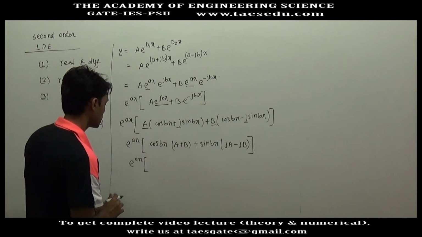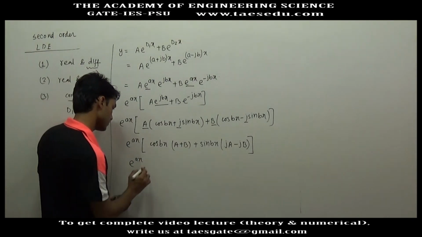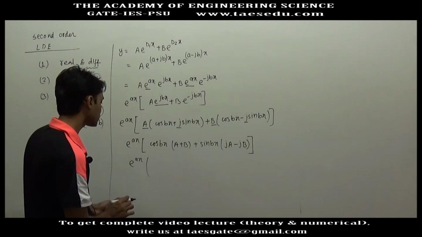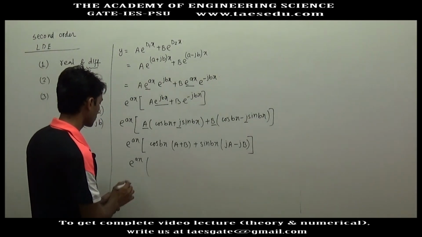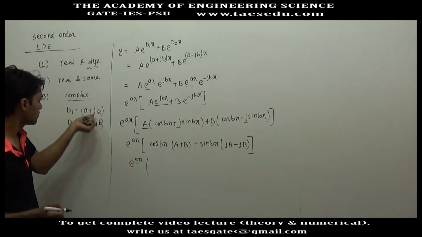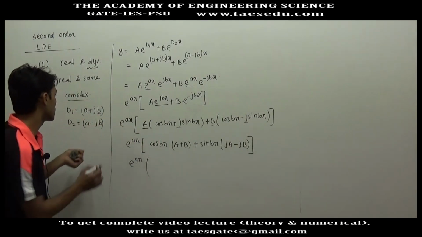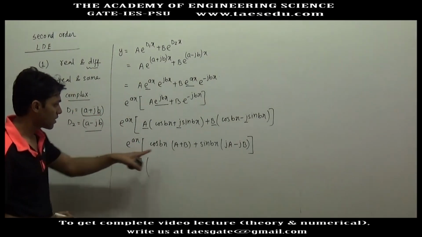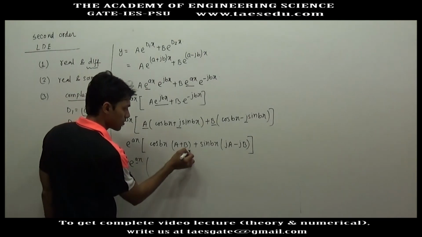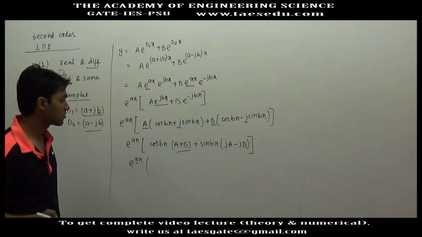So the general solution is e to power ax into, where a is the real part of d and b is the imaginary part of d. This will be known, and a plus b will make another constant.